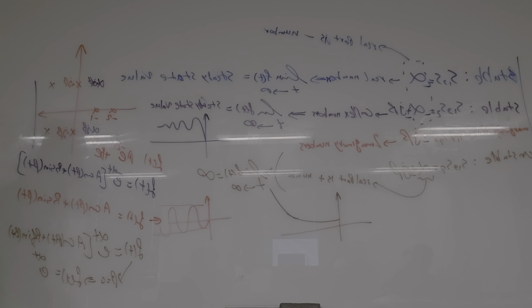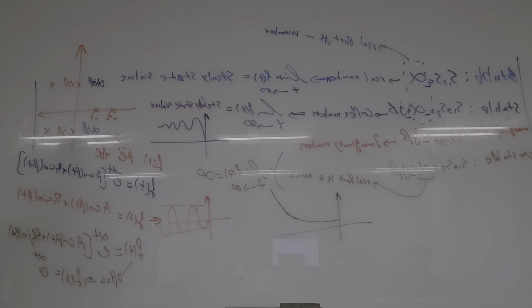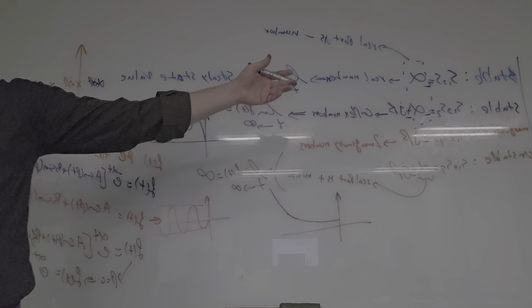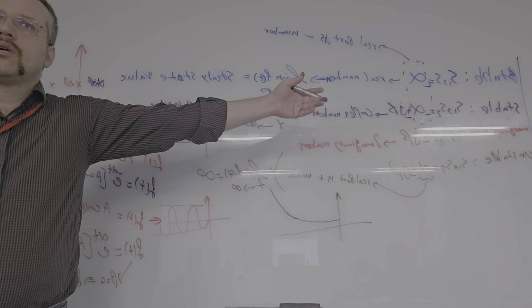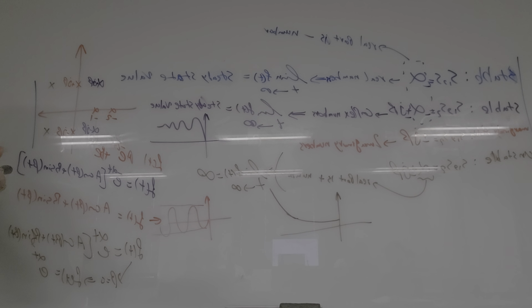Now, what if our denominator is a crazy nth order system? For first order and second order, finding those poles is easy. Third order is possible, okay, but it's hard.